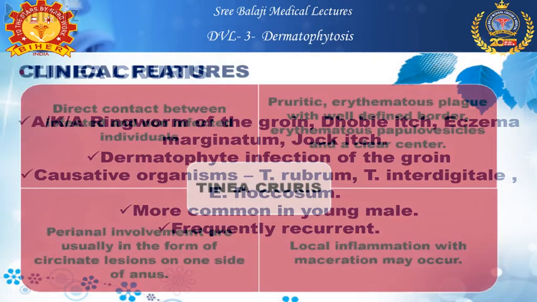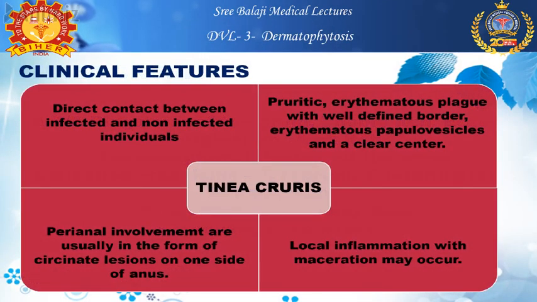The clinical features are the same as mentioned for tinea corporis. Here also you will have an erythematous advancing border followed by a central clearing, and this can extend up to the buttock region and the perianal region. This is a clinical image of tinea cruris. As you can appreciate here, the advancing borders and a little bit of central clearing involve the groin region.